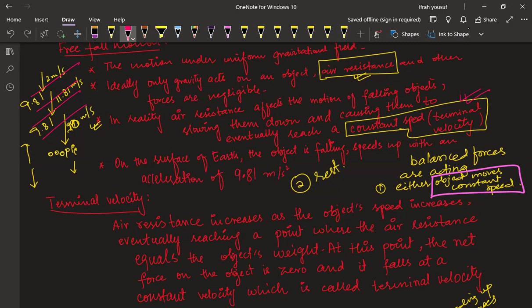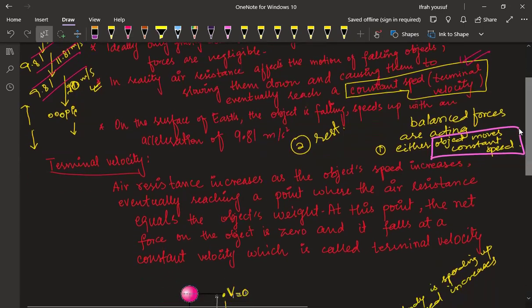Okay, right? So what we can conclude here: air resistance increases as the object's speed increases, right? I have discussed this point. Eventually reaching a point where the air resistance equals the object's weight.